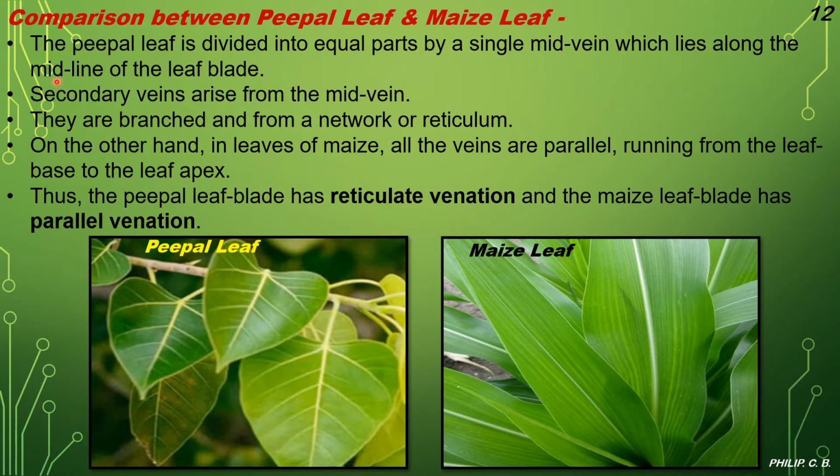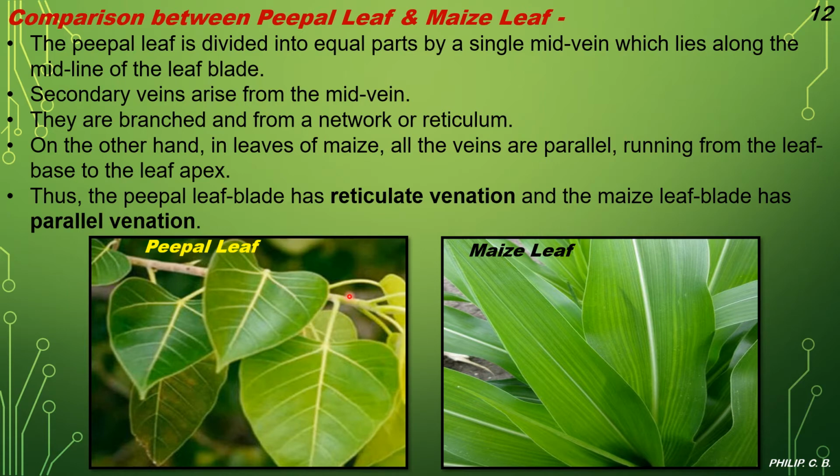So we can take one by one. The peepal leaf is divided into equal parts by a single midvein which lies along the midline of the leaf blade, as you can see over here. Secondary veins arise from the midvein, which again you can see further how it is dividing. Then they are branched and form a network of reticulum. Now what does that mean?